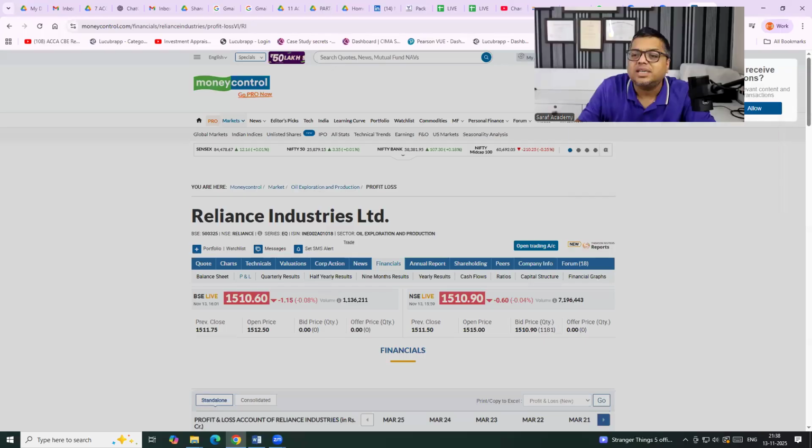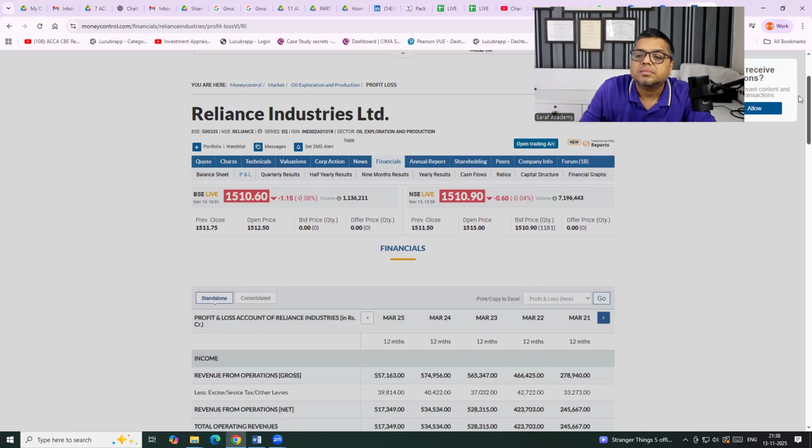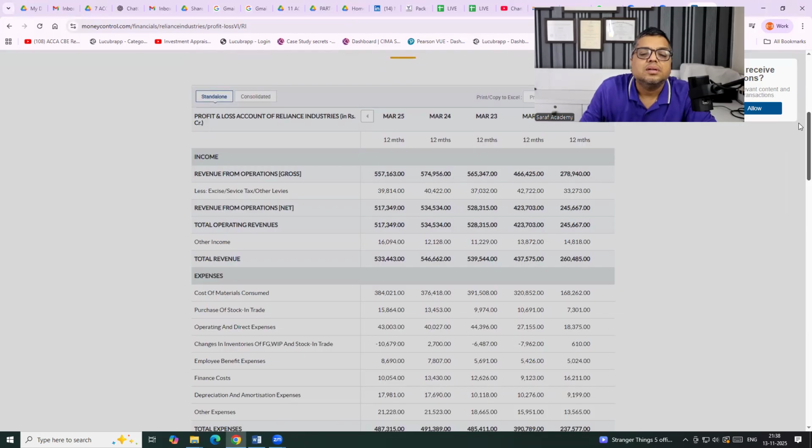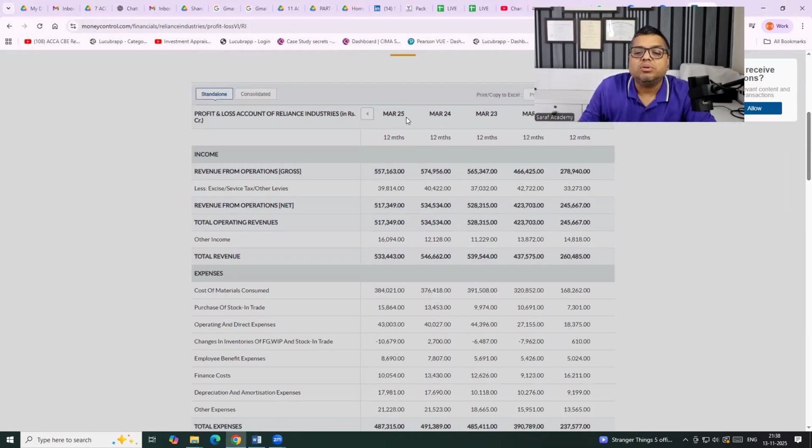There are different websites where the Reliance profit and loss account is uploaded. And financials. Now don't think about different columns, just for the sake of basic understanding.